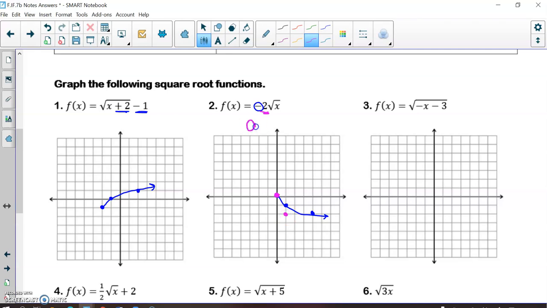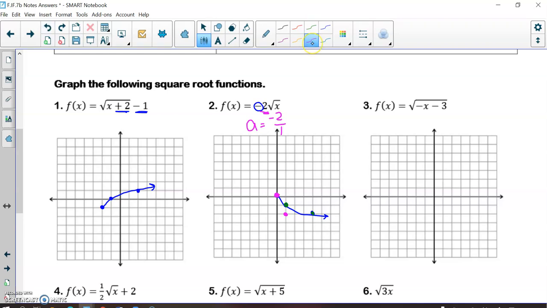Because here my a value is -2, so I have -2 over 1 as my slope. However, now to get from this point to this point, I went down 1 and over 3, okay? So that's a different slope. The slope is not consistent with square root functions.